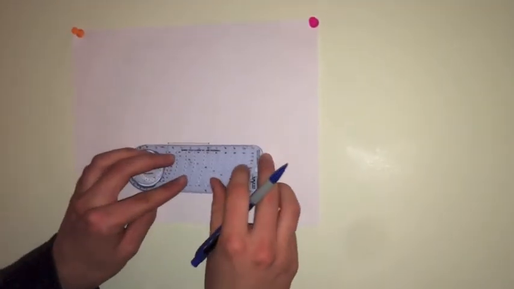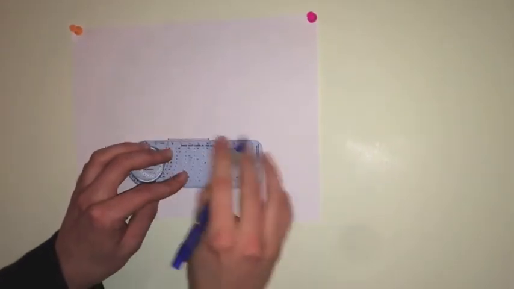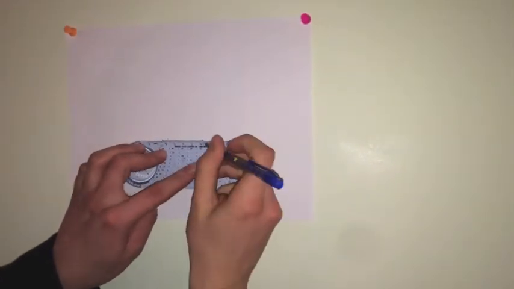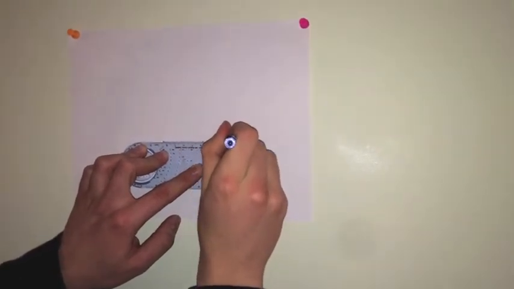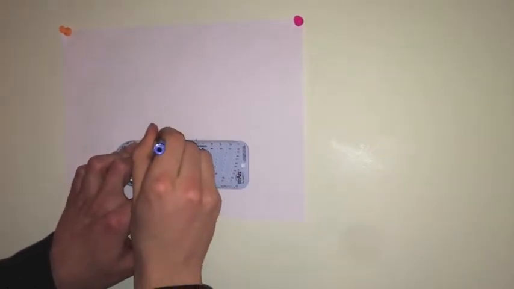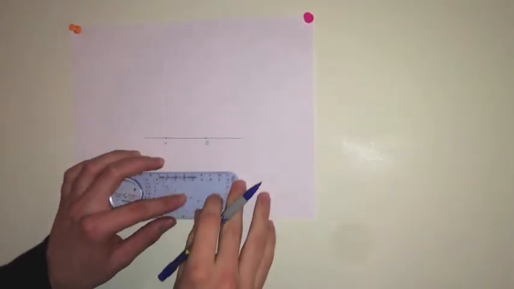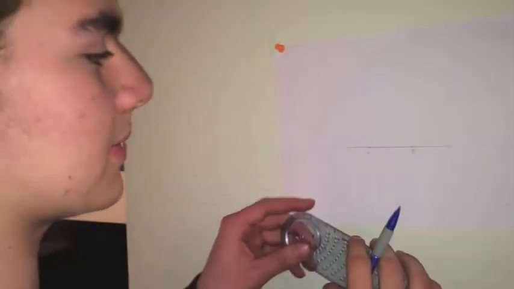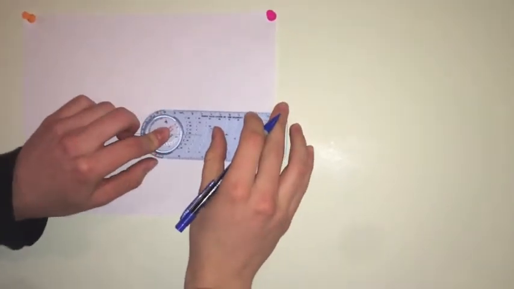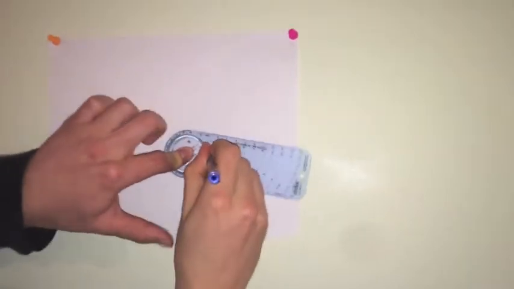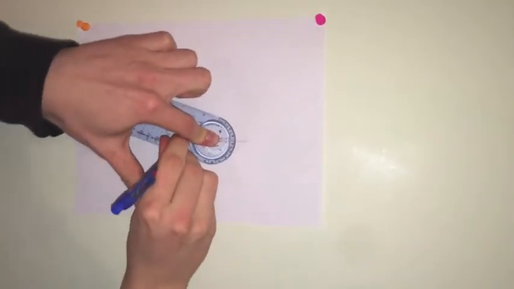Now it's time to make a perfect square. First, you use the line segment you have, and the best way to do this is extend it past the endpoints you have. This is because you're going to make a perpendicular bisector with these points here. You use the same steps you would use for a perpendicular.